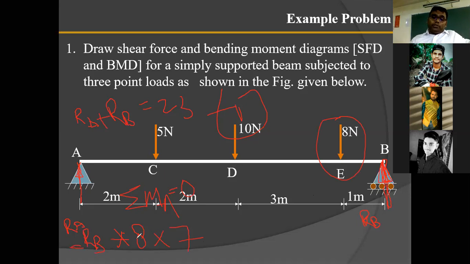It takes it positive, so this should be plus here. Oh no, not here, sorry, sorry. Here there will be multiplication, so I made a mistake. Let's see again. RB into 8 plus 8 into 7, plus consider this 10 and the perpendicular distance from A is 4, so plus 10 into 4.